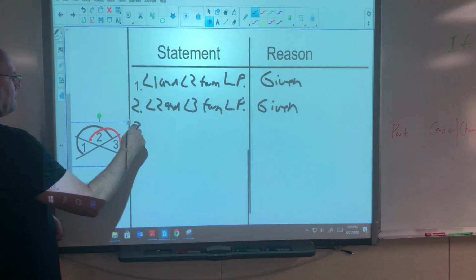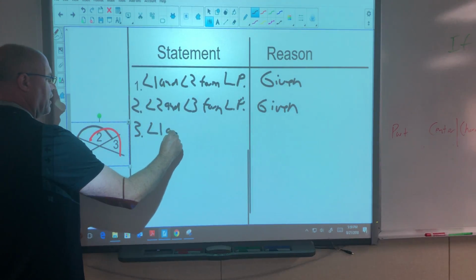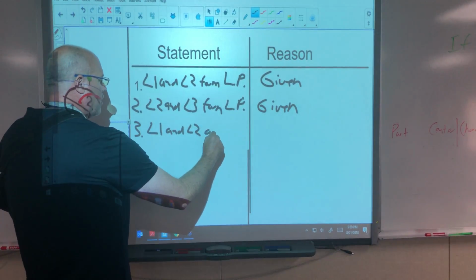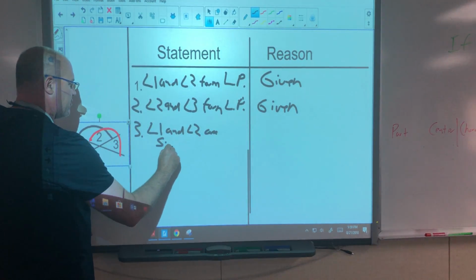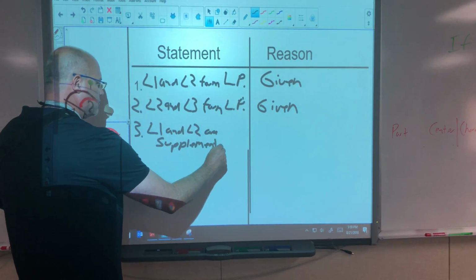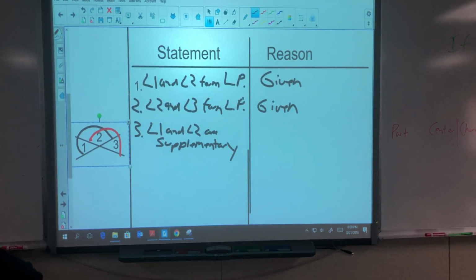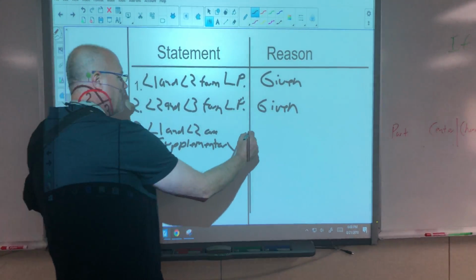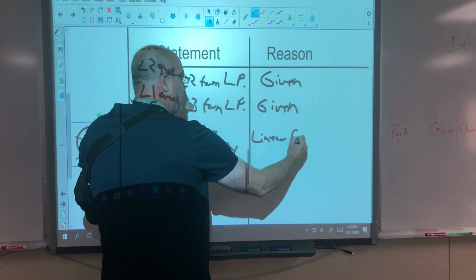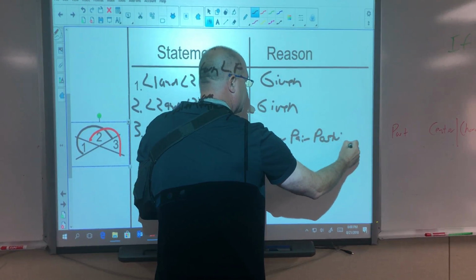We know that angle 1 and angle 2 are supplementary. What's our justification for that? That's the linear pair postulate.